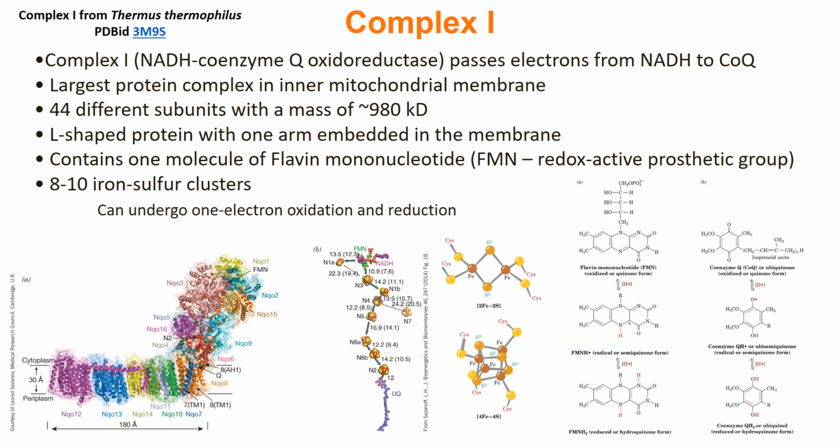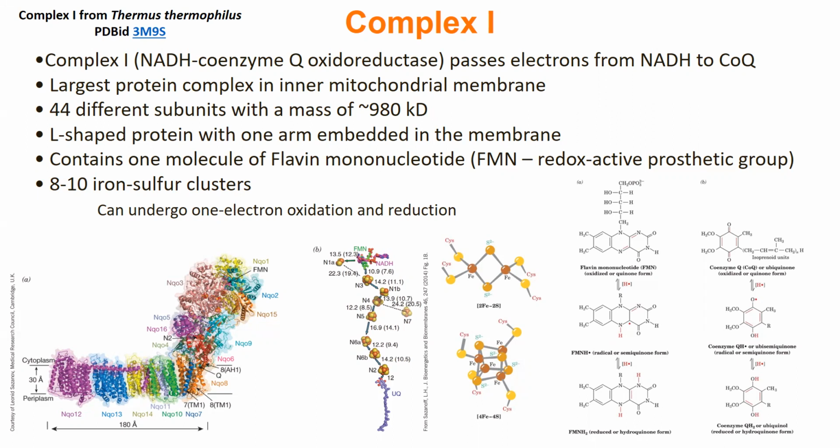We started this discussion last week, Thursday, and got into talking about complex 1 here, where we take NADH and give 2 electrons to Q. Then Q is going to be our electron carrier.